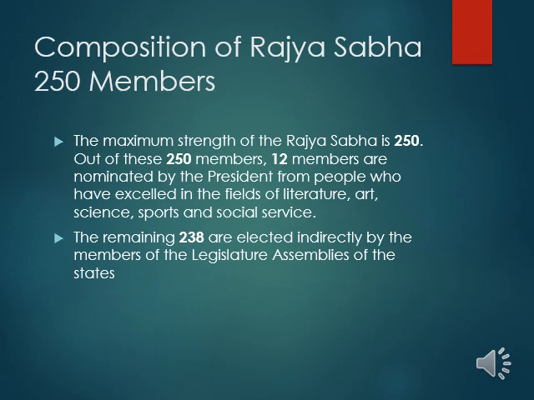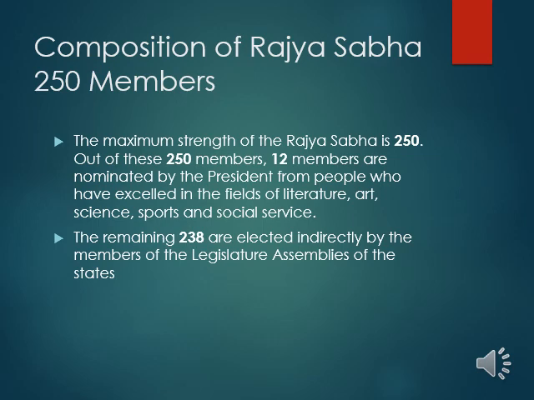So students, now we are going to discuss the composition of Rajya Sabha of the Parliament of India. The maximum strength of the Rajya Sabha is 250 members. Out of these 250 members, 12 members are nominated by the President from among persons who have excelled in the fields of literature, art, science, sports and social service.